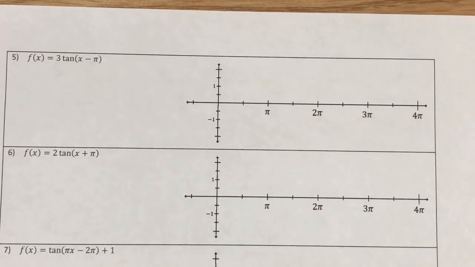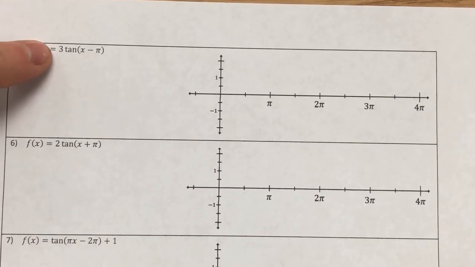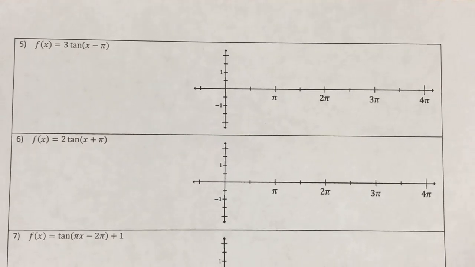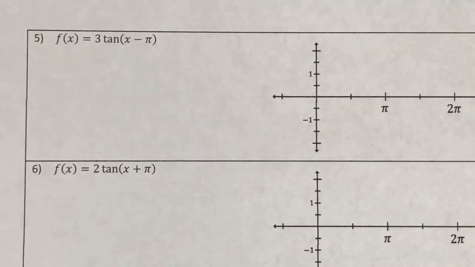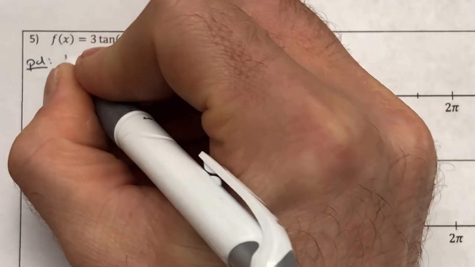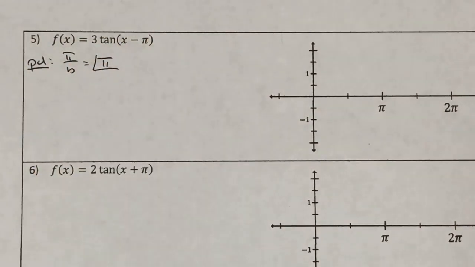And our next problem is going to be a graph that in this case has been shifted. We also have a number up front, which means that there will be a sort of vertical stretching. So let's take a quick look. For this one, I know my period is going to be pi over b, which is pi over 1, which is just pi.